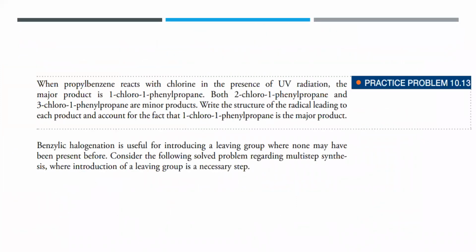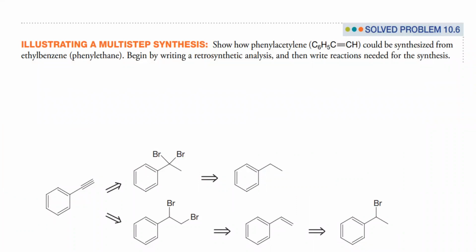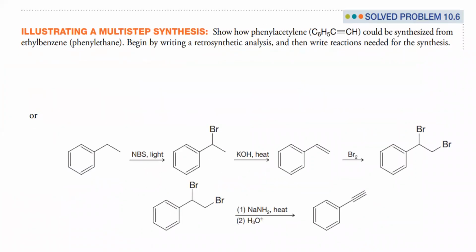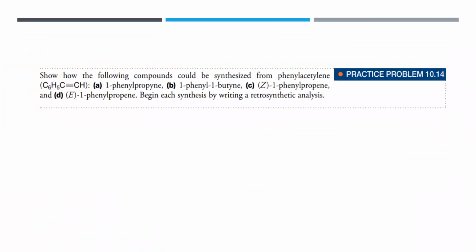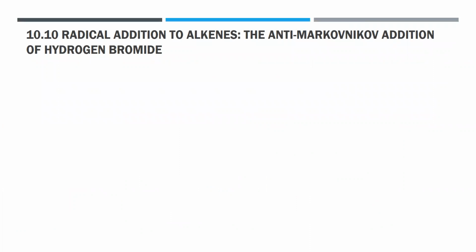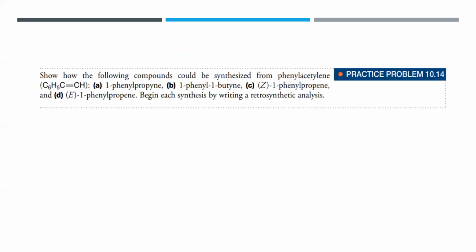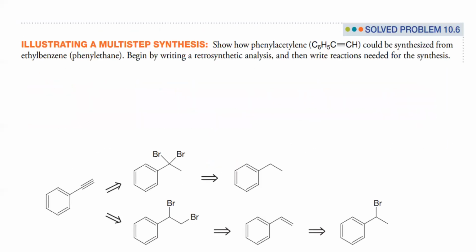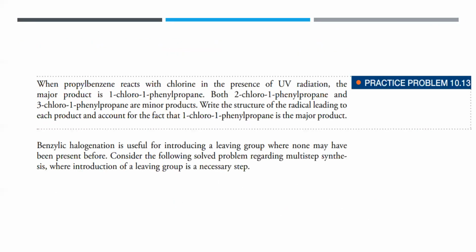The next meeting, which will be after your midterm break, we'll be talking about retrosynthetic synthesis, using the reactions that we learned in chapter 10. After that, we're going to do 10.10, and the last one, I think, is polymerization reactions, which also occur via radical reactions.